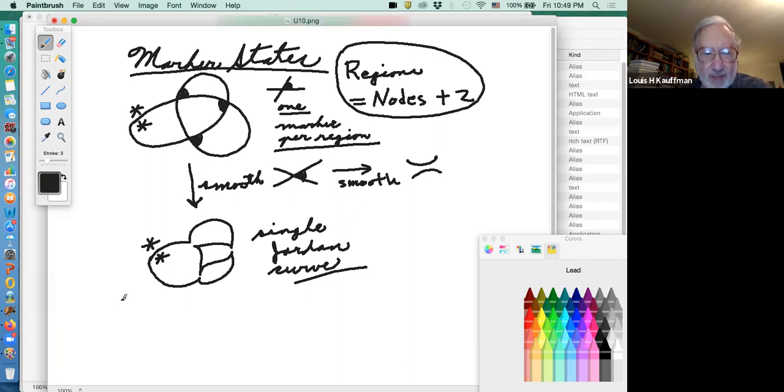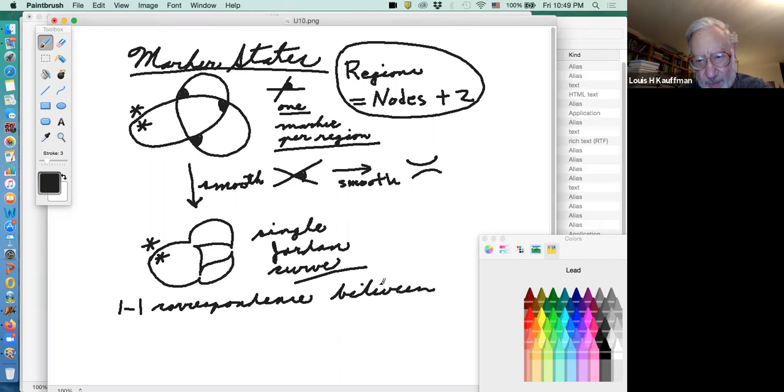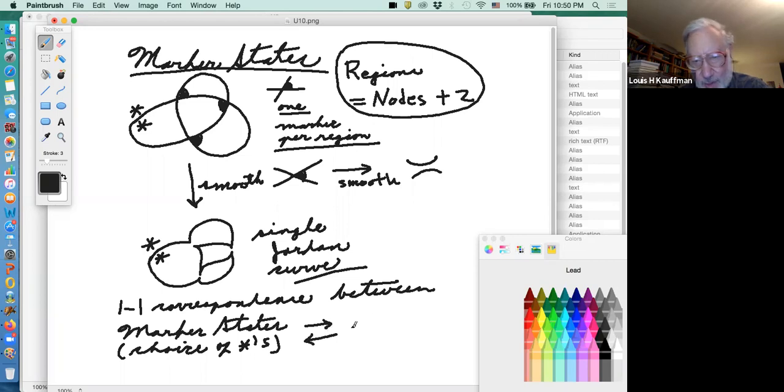And there is a one-to-one correspondence between marker states for a choice of stars and what I call Jordan-Euler trails on the diagram.